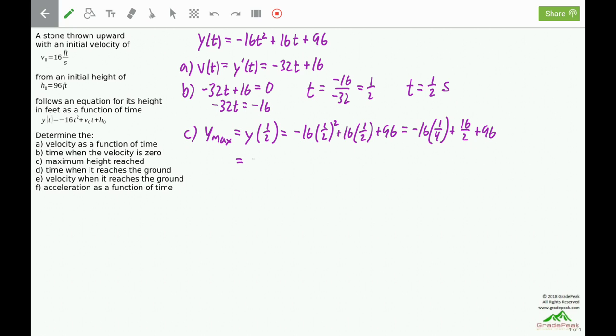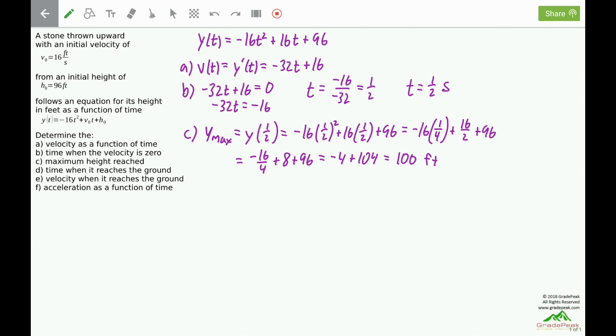So we have a negative 16 times 1 over 4, which is negative 16 over 4, plus 16 over 2, which is an 8, and then plus a 96. Negative 16 over 4 is a negative 4. Plus 8 plus 96 combined to be 104, and negative 4 plus 104 comes out to 100. Our units are in feet for position, and therefore 100 feet as the maximum height reached.